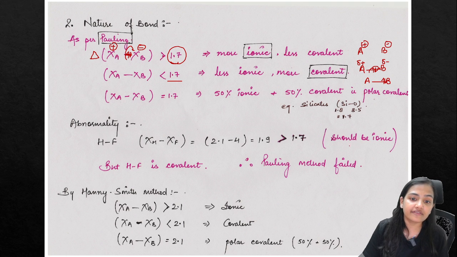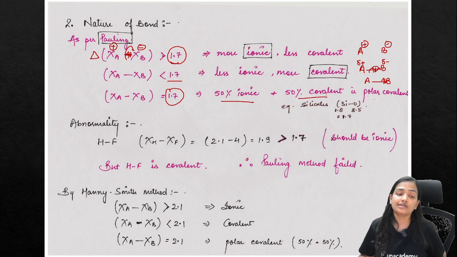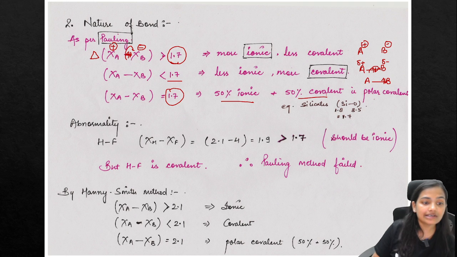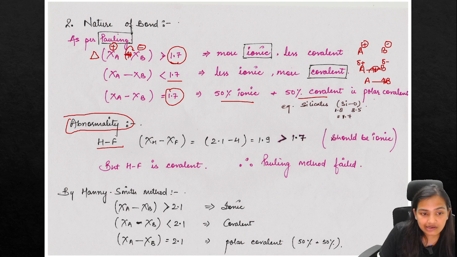But if the electronegativity difference is exactly 1.7, then we can say it is 50% ionic or 50% covalent. So as per Pauling we got the value 1.7, but guys, there came an exception, or you can say an abnormality. Let's have a look. If I am talking about HF, fluorine is 4.0, hydrogen is 2.1.